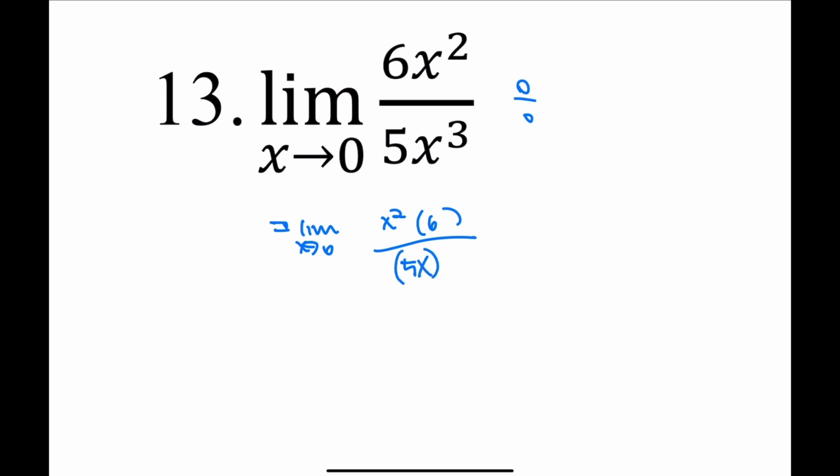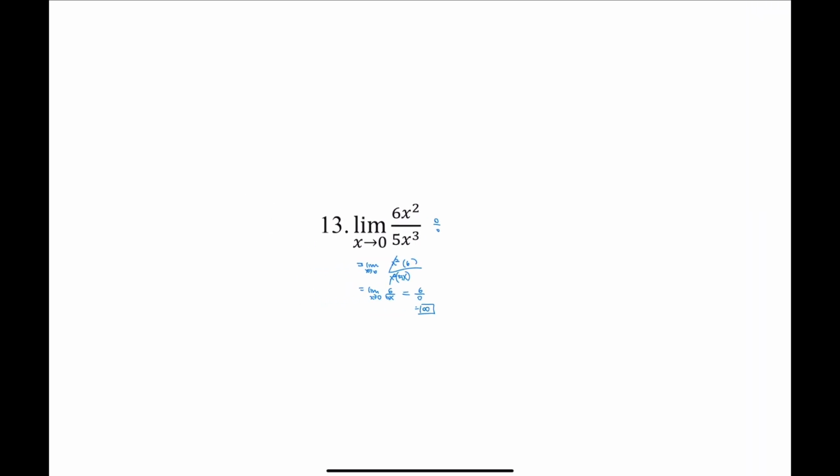No, I made a mistake here. Let's cancel the x squared, so we get limit as x approaches 0 of 6 over 5x, and then we get 6 over 0, or infinity, as our answer. Okay, and now we're going to move on to number 14.